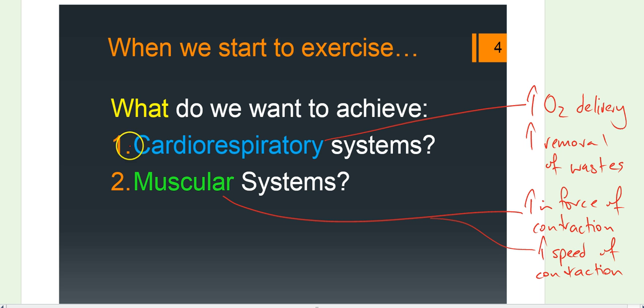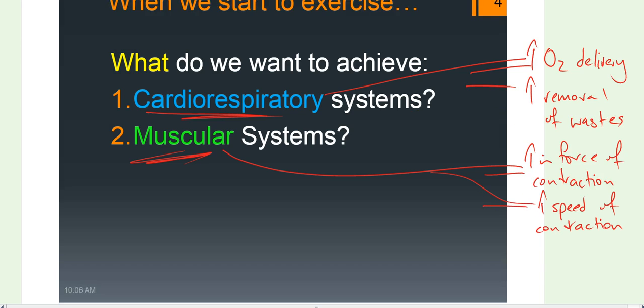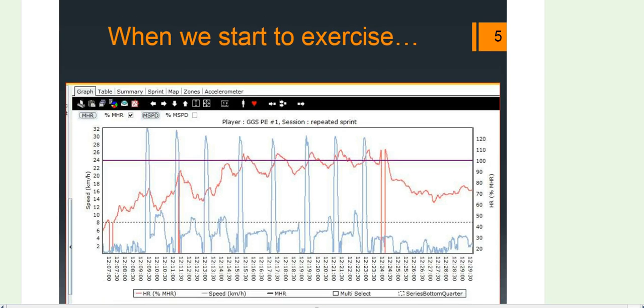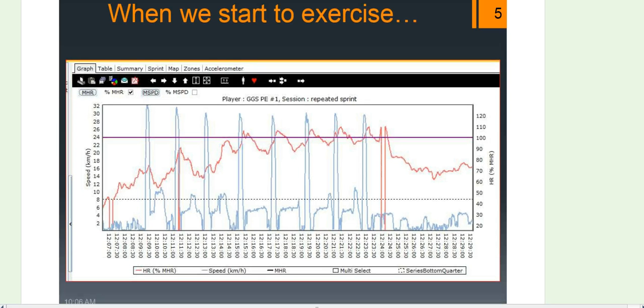And obviously, with respect to both the cardiorespiratory and the muscular system, there are quite a number of things that go on in the background to enable these functions to occur. A little bit later we'll have a look at this graph, and essentially we're going to be asking ourselves the questions from a physiological perspective: what changes occur in our body to enable heart rate to increase, to enable speed to increase.